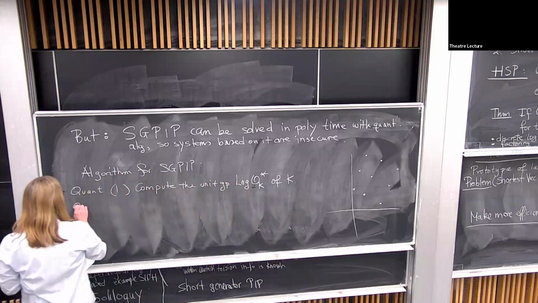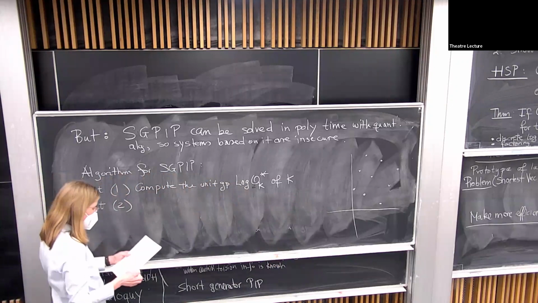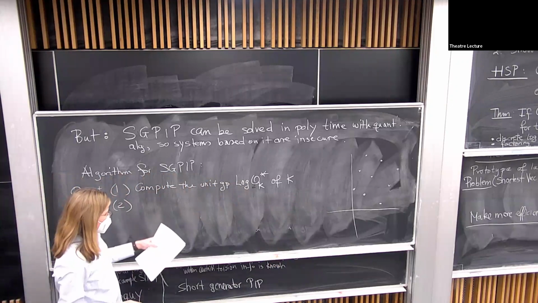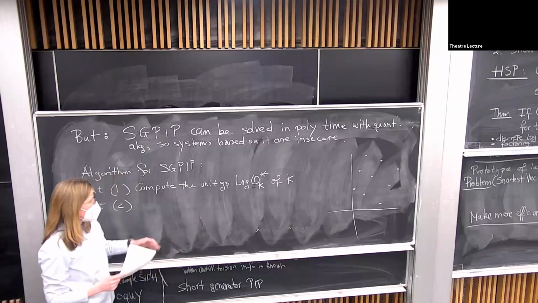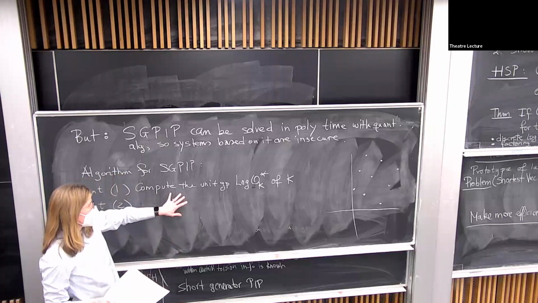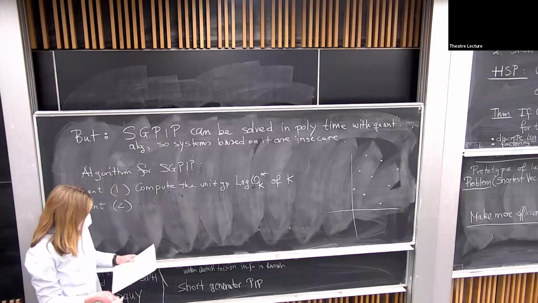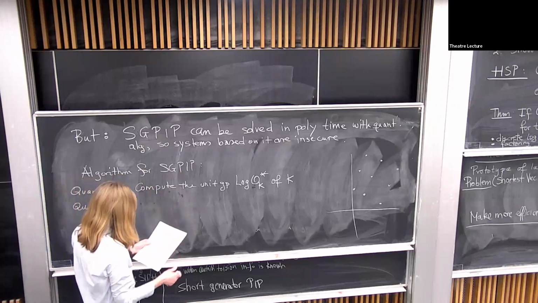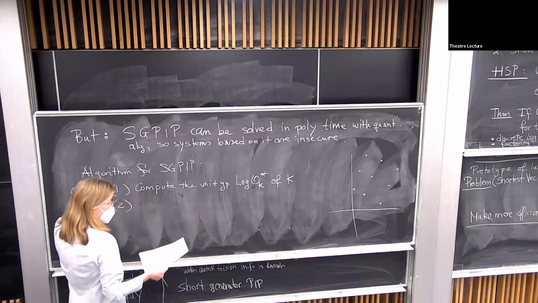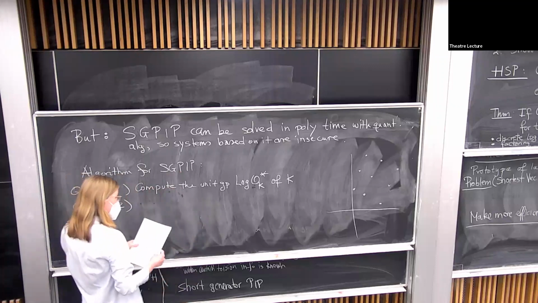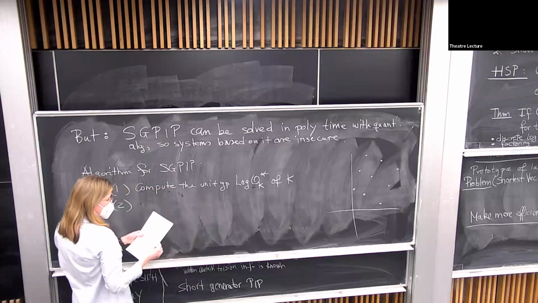Then the second step is, because this is a principal ideal, there's a standard way, from computing the unit group, to then solve the principal ideal problem. So you can use the techniques in one to solve the principal ideal problem in this field.